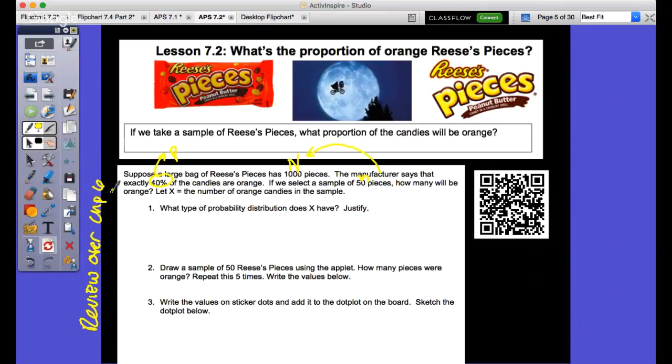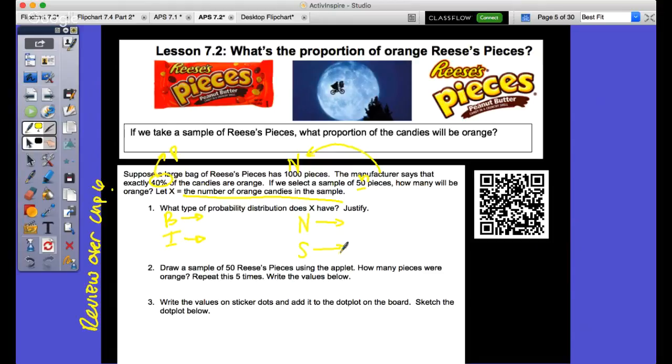So let's talk about what type of probability distribution that we are going to identify. So we obviously have the sample here. Let's talk about this idea of what type. So real quick, with bins, attack it real quick and see what type of distribution it is, and then go ahead and identify each. So pause me now, identify each in your group, and here we are.